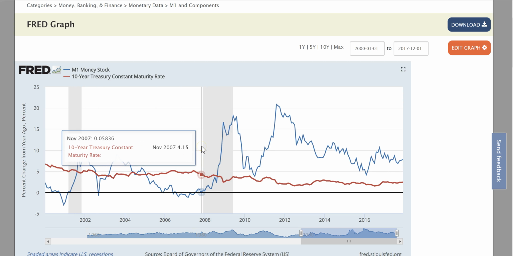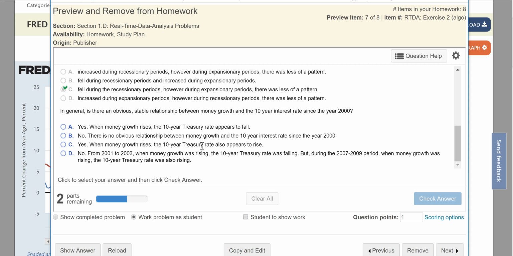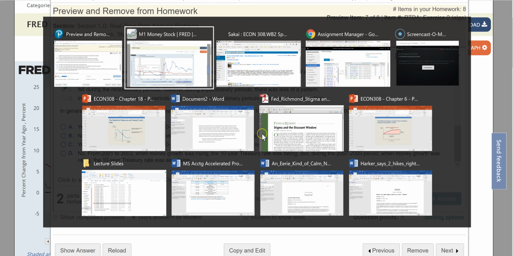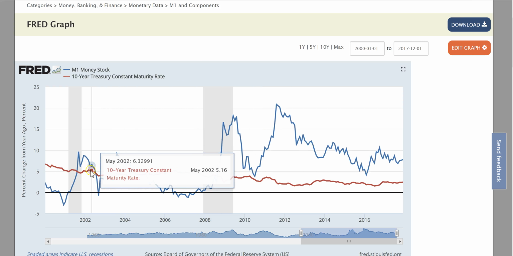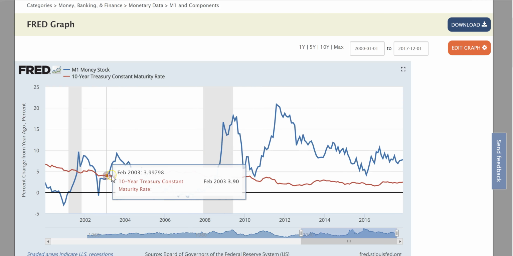Because one is increasing, the other one is going down, they have an opposite pattern, an opposite relationship to each other. Now let's keep that in mind and answer this question here. A, yes, when money growth rises, the 10-year Treasury rate appears to fall. So is that the case? Money growth rises.